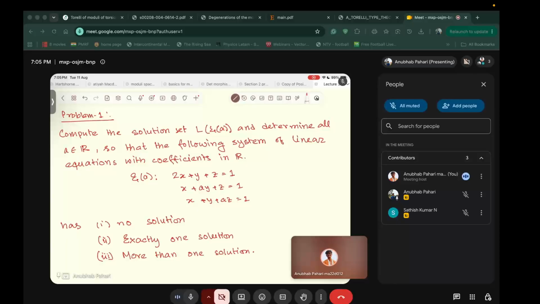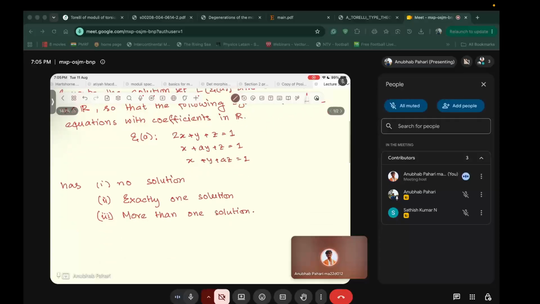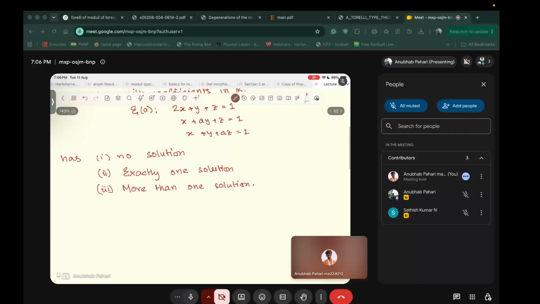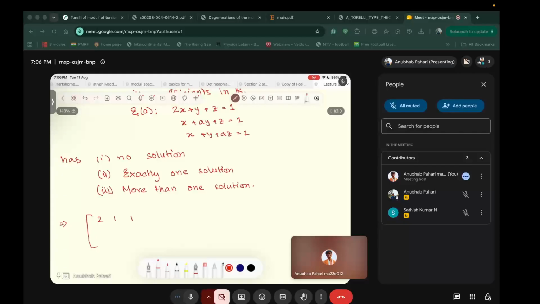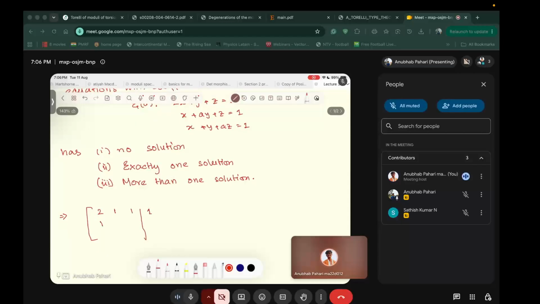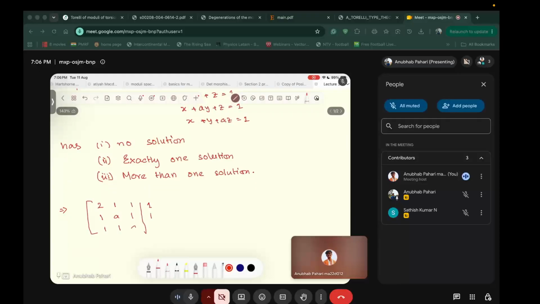Okay, so let us first try to rewrite the solution set in adjugate matrix form, and the matrix form of this system is 2 1 1 | 1, then 1 a 1 | 1, 1 1 a | 1.